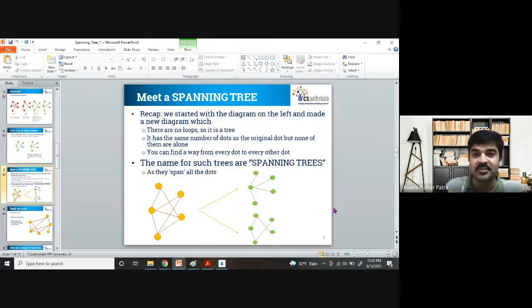Now a new term comes up. There is a recap that a tree must have no loop, and it has the same number of dots as the original, but none of them are alone, and you can find a way from every dot to every other dot. That's called a tree. And the name for such a tree is a spanning tree.